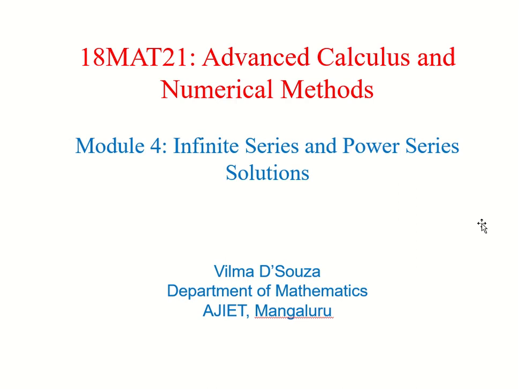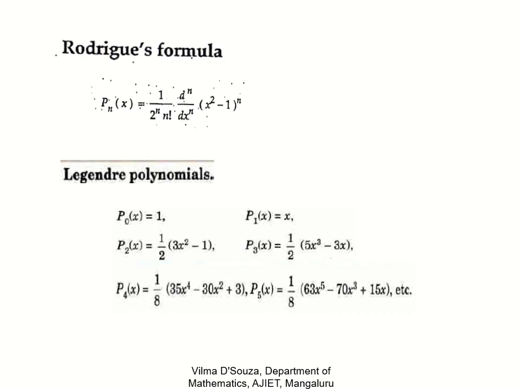So today in this video session I am going to discuss Rodrigues' formula and also Legendre's polynomials and related problems. Rodrigues' formula is Pn of x equal to 1 by 2 power n into n factorial, d^n by dx^n of (x square minus 1) power n.